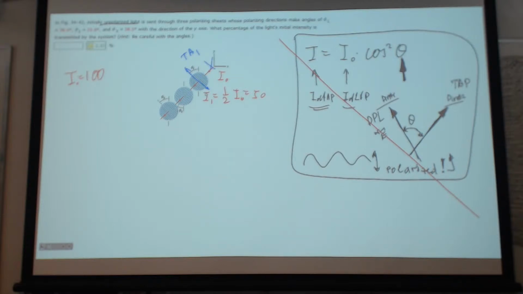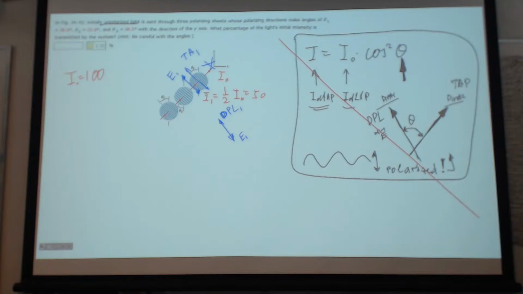Before, we didn't have any polarized light, just all possible directions. But after, light will be polarized along the transmission axis, because that's what the polarizer does, it transmits light only in that direction. So now this light becomes polarized. This is the direction of polarization of light number 1, E1.